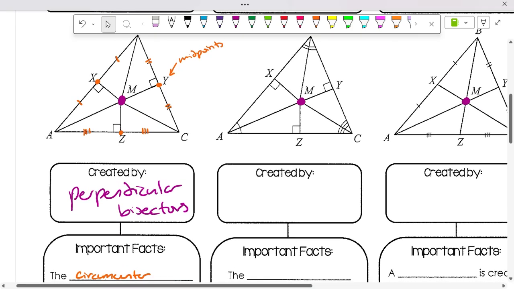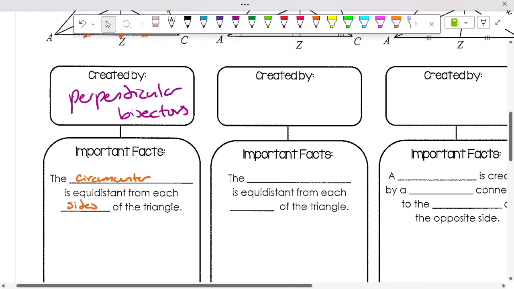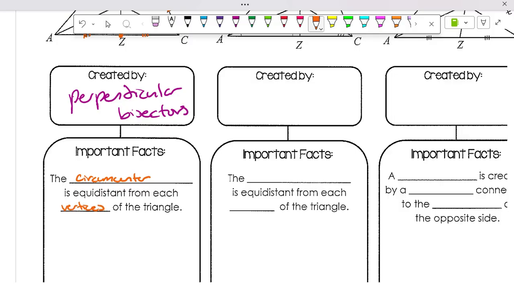Wait, the sides or the vertices? Nope, I lied. It's the vertices. So the circumcenter is equidistant from each of the vertices of the triangle.